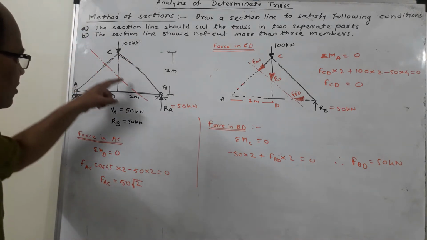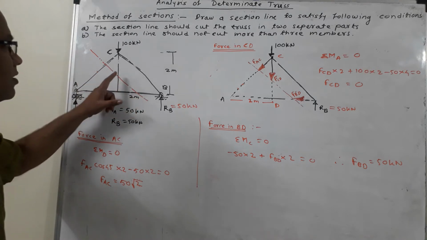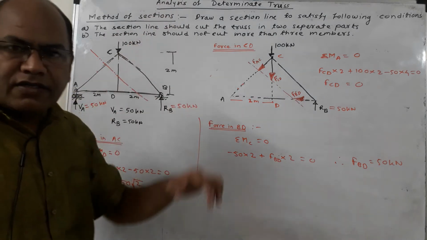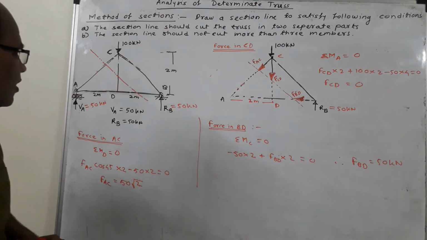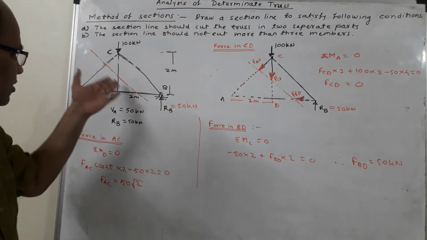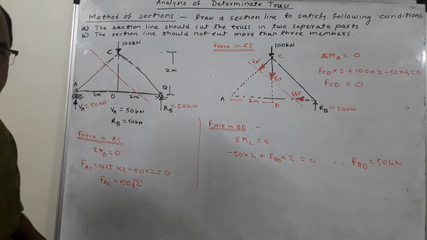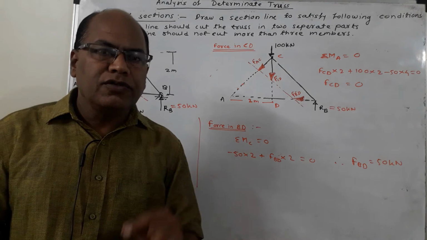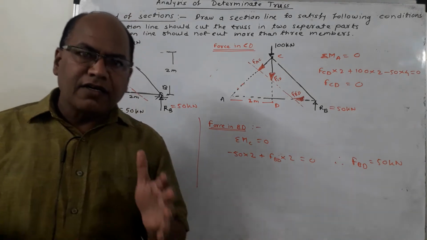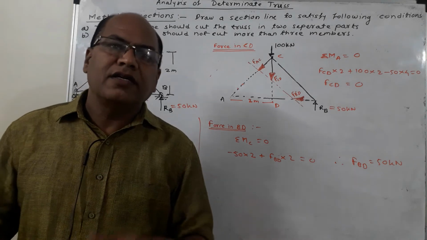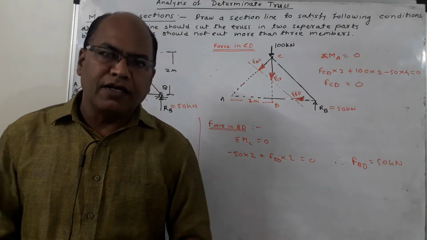So I have considered the section line, and while considering it, I have taken care that the given conditions are satisfied. Now once the section line is considered, you will have to consider one of the cut parts. And here I am going to use the fact that if the entire truss is in equilibrium, each and every part of the truss considered separately should also be in equilibrium.